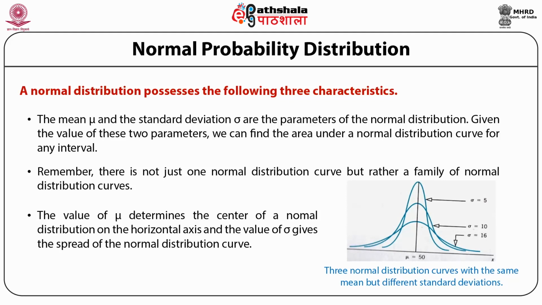You can see in the figure very carefully. They have the same mean but different standard deviations. By contrast, the three normal distribution curves in figure 14 have different means but the same standard deviation.